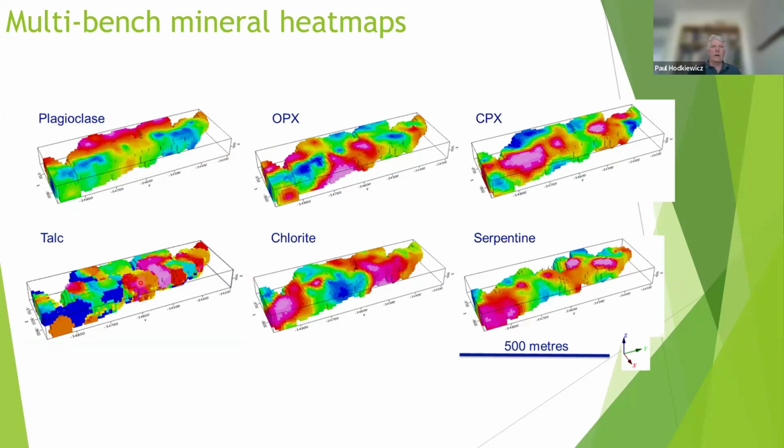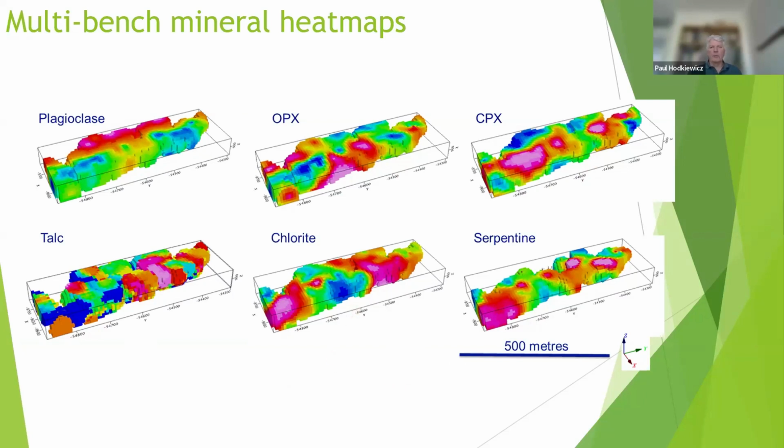These are the clay minerals on the bottom. And these are things that would very much interest the customers of the orebody, because the silicates and the hardness of the rock on the bench would control things like fragmentation or crushing and grinding through the mill. And the clay would influence things like recoveries and flotation in the mill as well. So identifying the mineral abundances and the heat map view is really important.